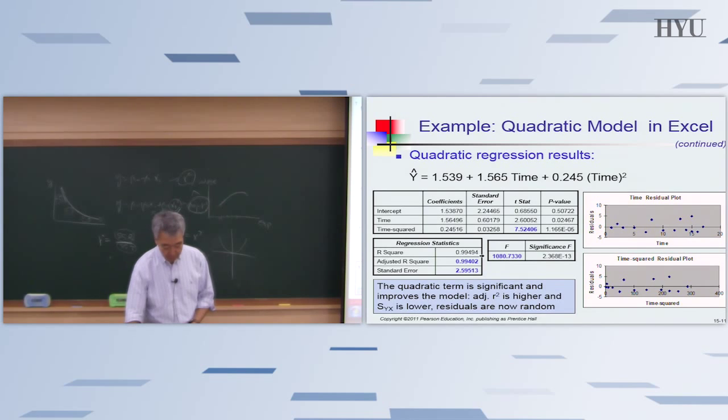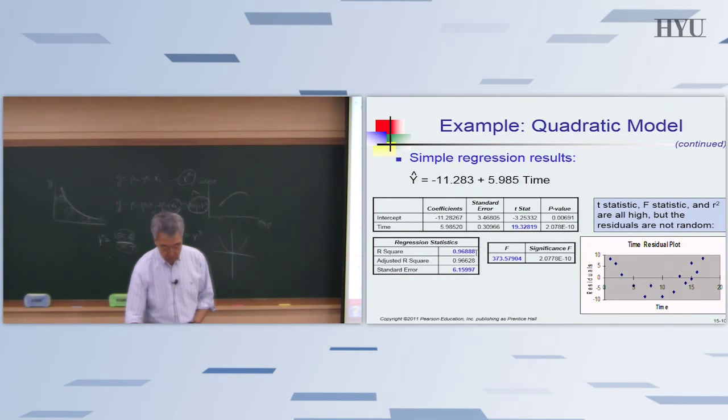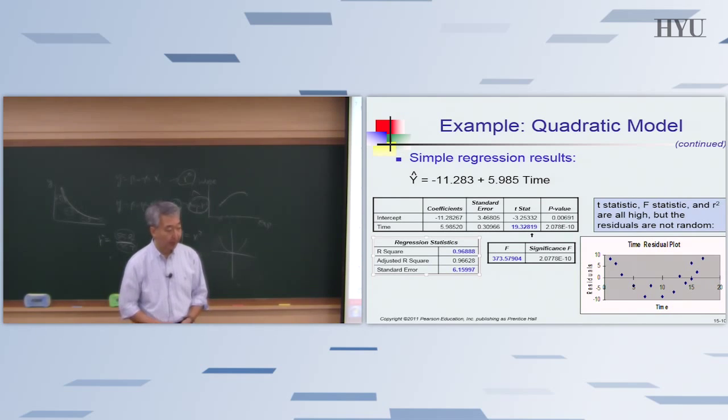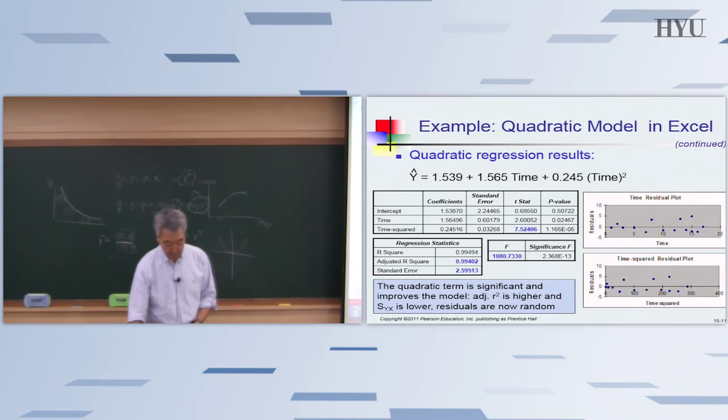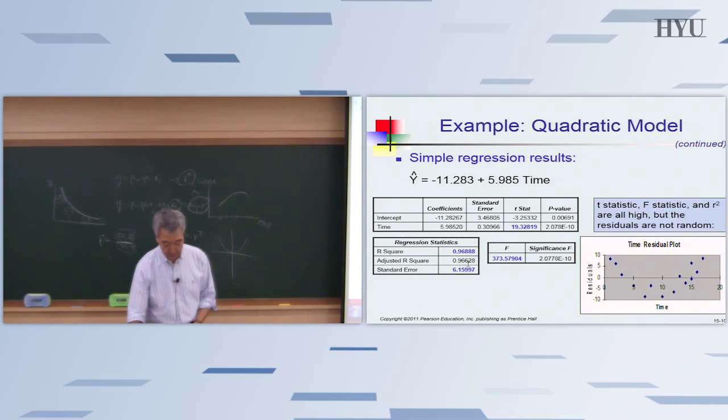And then another thing you look at is adjusted R-square. Adjusted R-square from the second order model is 0.994 as opposed to 0.968 in this straight line model. So explanatory power is clearly larger with the second order term, compared to the simple straight linear regression.